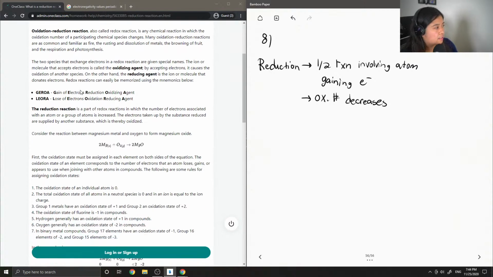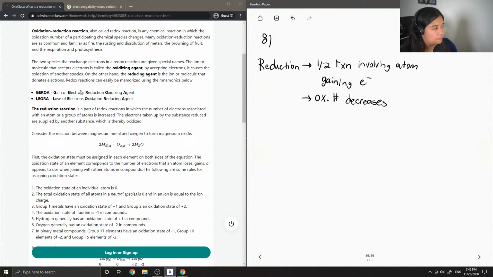Two species that exchange electrons in a redox reaction are given special names. The ion or molecule that accepts electrons is called the oxidizing agent. By accepting electrons, it causes the oxidation of another species. On the other hand, the reducing agent is the ion or molecule that donates electrons.